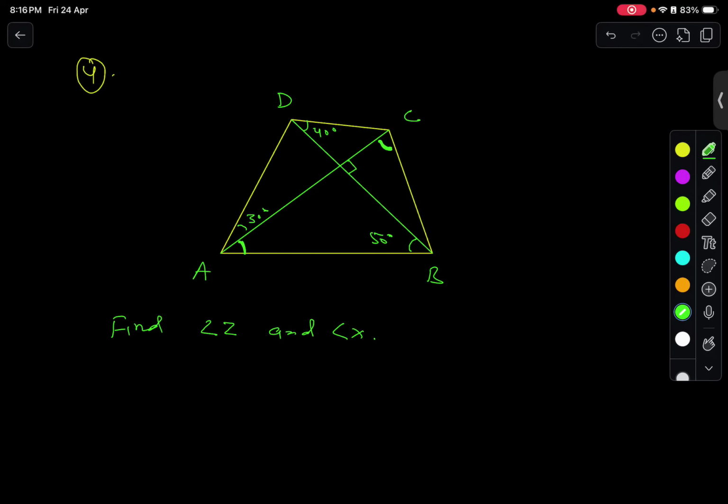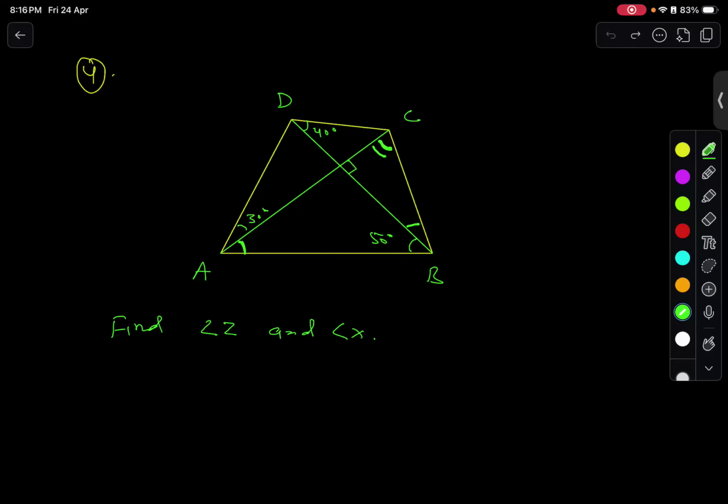Two angles, X and Z. Which angle is it, sir? Just I have marked, beta. Or you can find all the angles that are not given. All the angles. This is 90 degree, that is given, right? Now, you want to try this, everyone? Go ahead, try this.